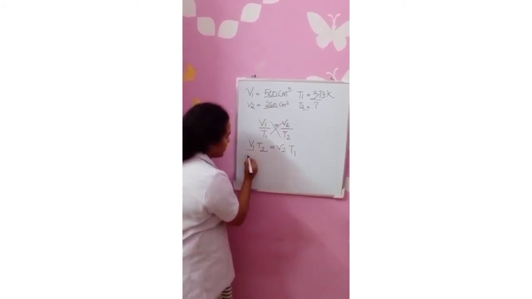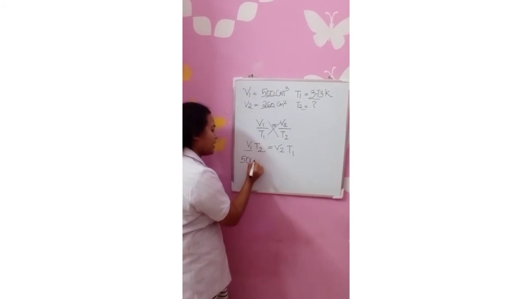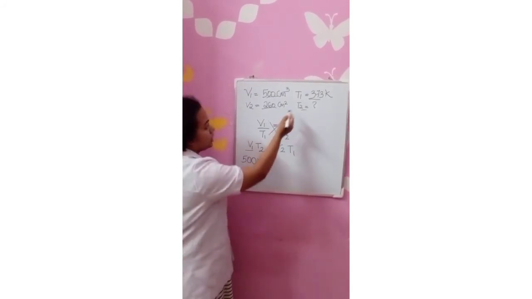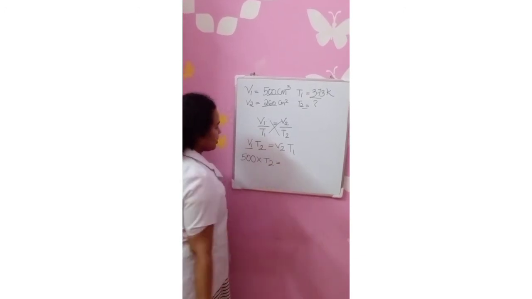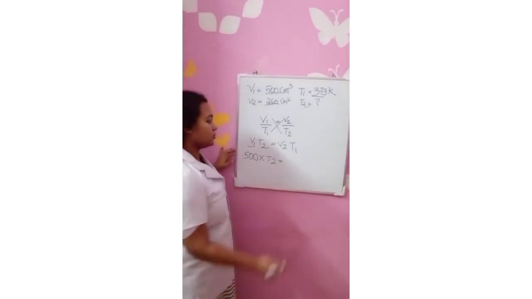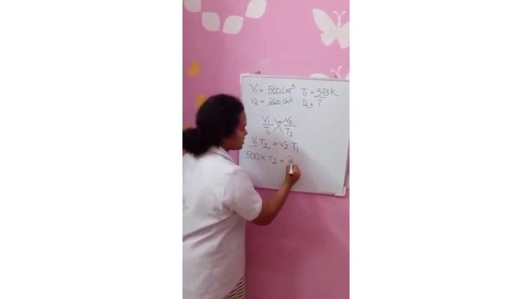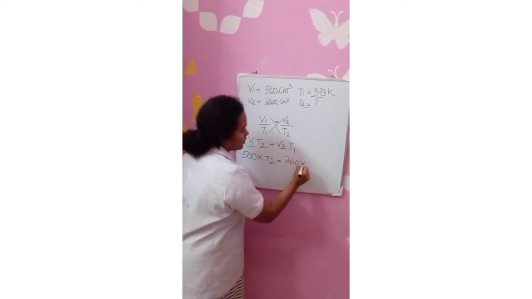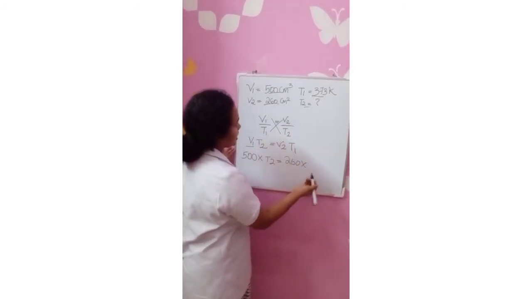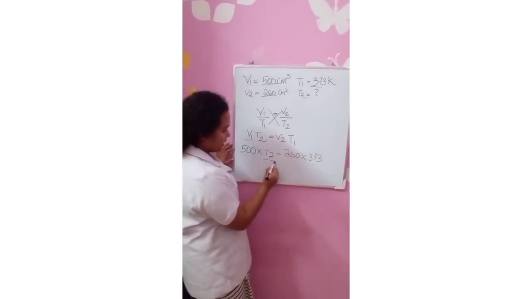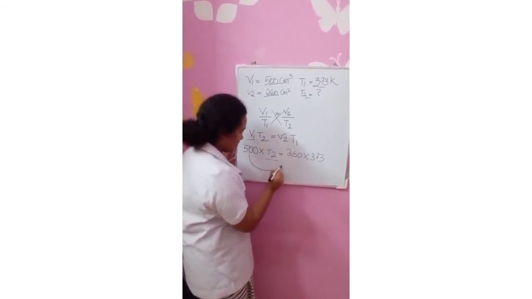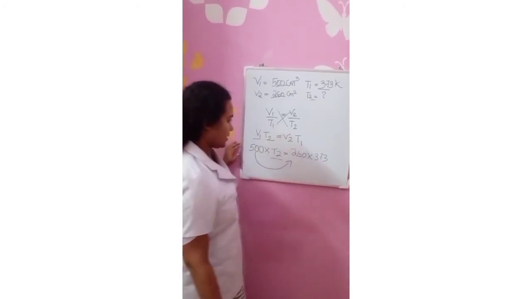V1 is 500. So 500 into T2. We don't know T2. We have to identify T2. So 500 into T2 is equal to V2, 260, into T1, which is 373 Kelvin. Hence, the 500 will come to this side.